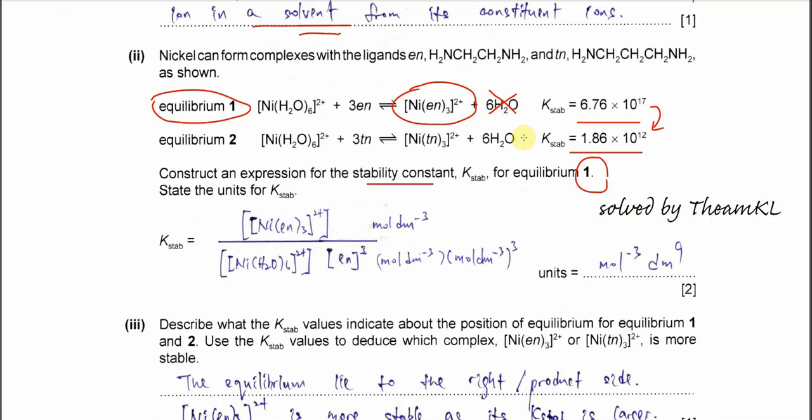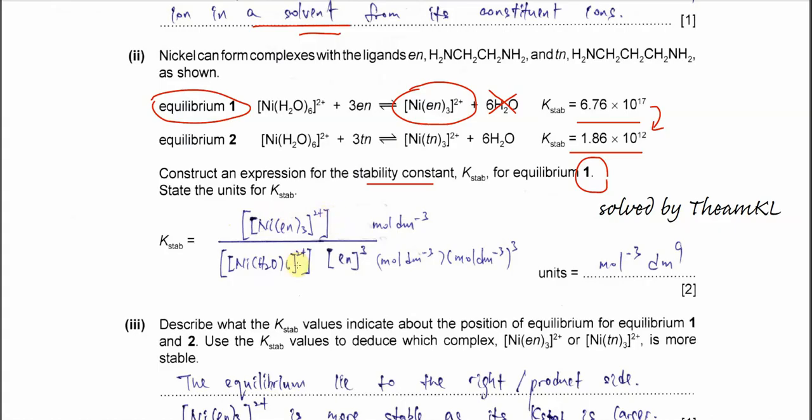So we don't include H2O in the K stab. We just include the 3 species. Another thing to make sure is that it's a concentration, so you must put a square bracket outside. Say you write nickel with 3en, 2 positive, then put a square bracket outside to show it's the concentration of these ions.